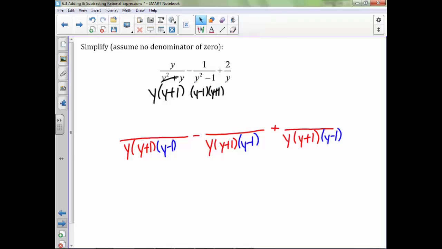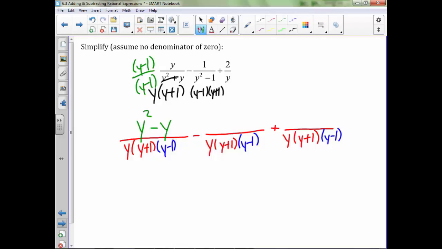Alright, now this first fraction, we need to multiply by y minus 1 over y minus 1 to get our denominator. And if you wanted to go ahead and distribute now, you could, to save yourself a step later on. This middle one, notice we're just missing a y from our denominator, so we're going to multiply by y over y. So we'll have 1 times y is y.